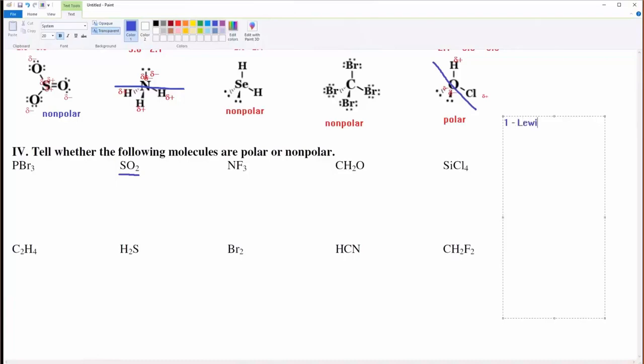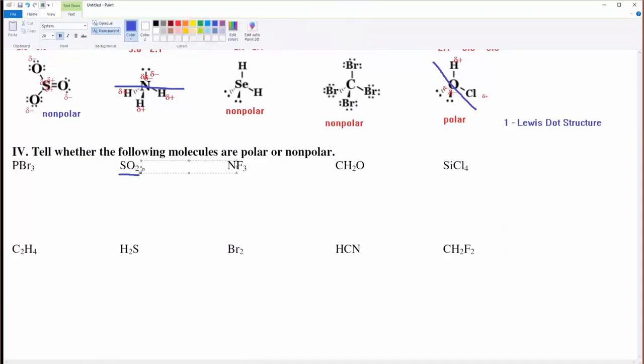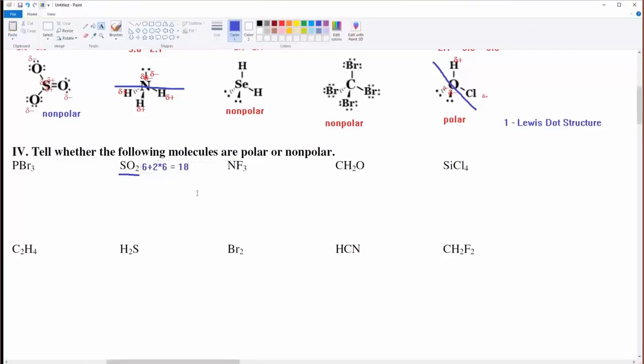the Lewis dot structure, which, as you guys noted, you start by counting the valence electrons. All right, so how many do I have here for valence electrons? Perfect. 6 plus 2 times 6 is equal to 18 electrons. All right, and now what?